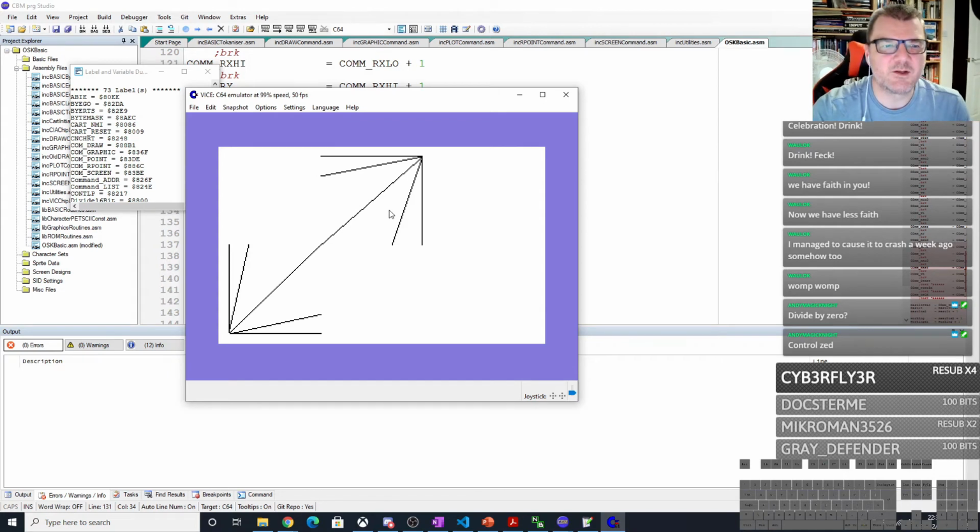We have rewritten the draw to not use any basic floating point functions whatsoever. So we're not using the divide, we're not using the multiply, because before we was using the multiply on every point.